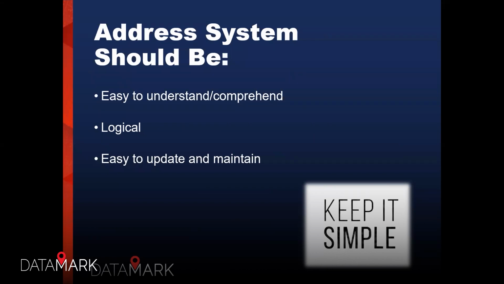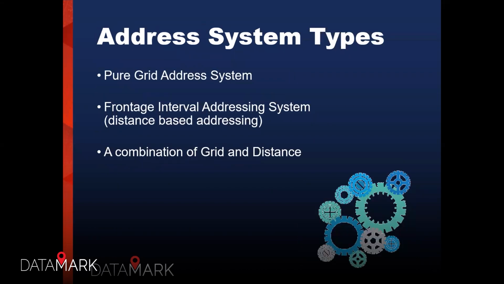So really, there's two main types. There's address system grids, and grids can come in different forms with different types of measurements. And then we have distance-based addressing, where you have X number of addresses available every X amount of road space. You can also have a combination.